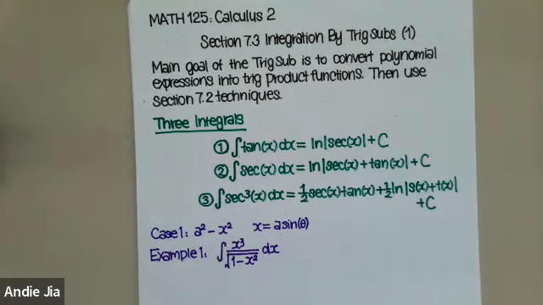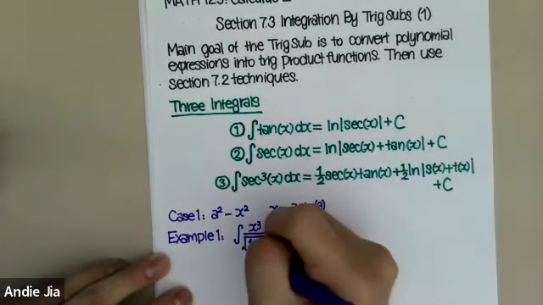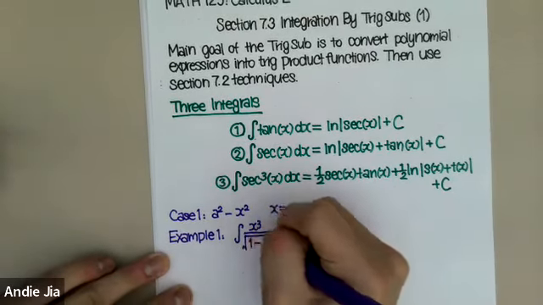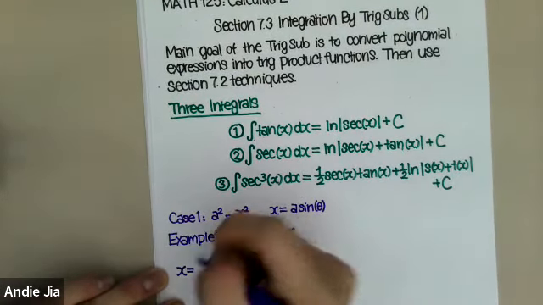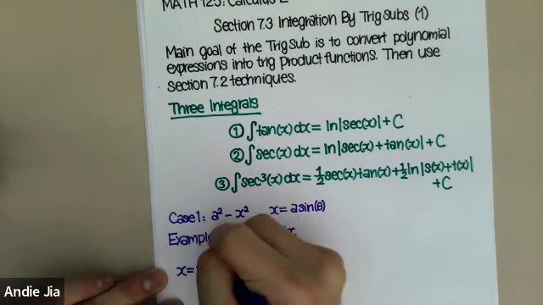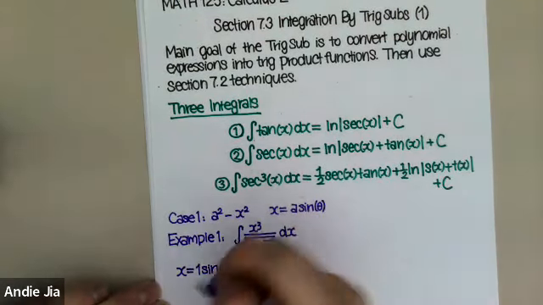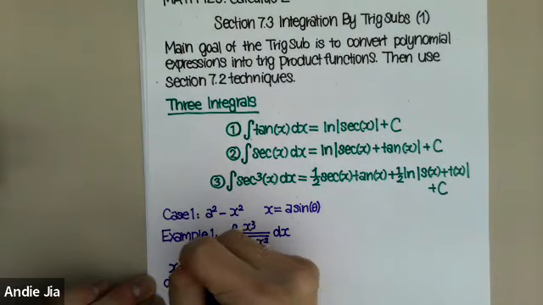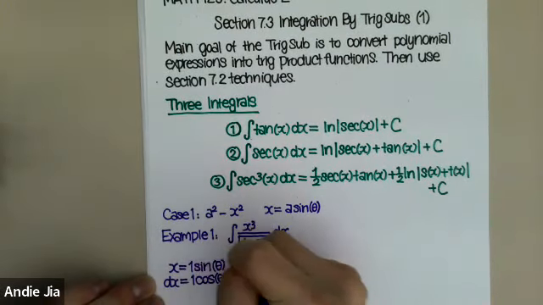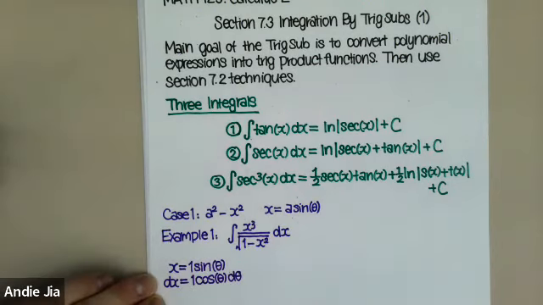This is not a u-sub, so let's do the trick. Here a equals 1, so this is basically 1 squared minus x squared. So x equals 1 sine of theta, and dx is 1 cosine of theta d theta. Then we rewrite the whole integral.